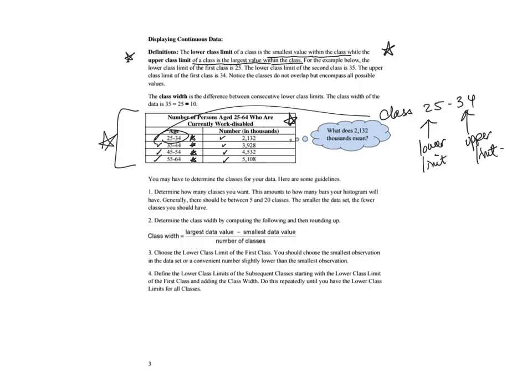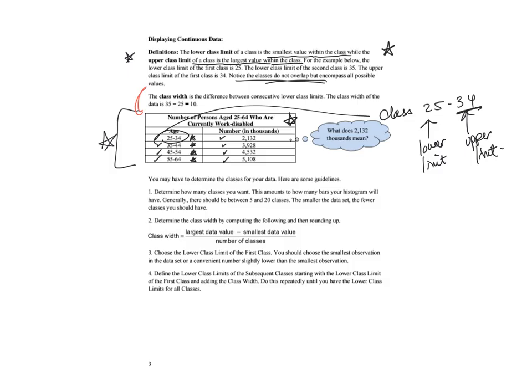It says, notice the classes do not overlap, but encompass all possible values. You notice how the first class stops with people that are 34, and then the second class starts with people who are 35. So they don't overlap. Now the class width is oftentimes misconstrued.